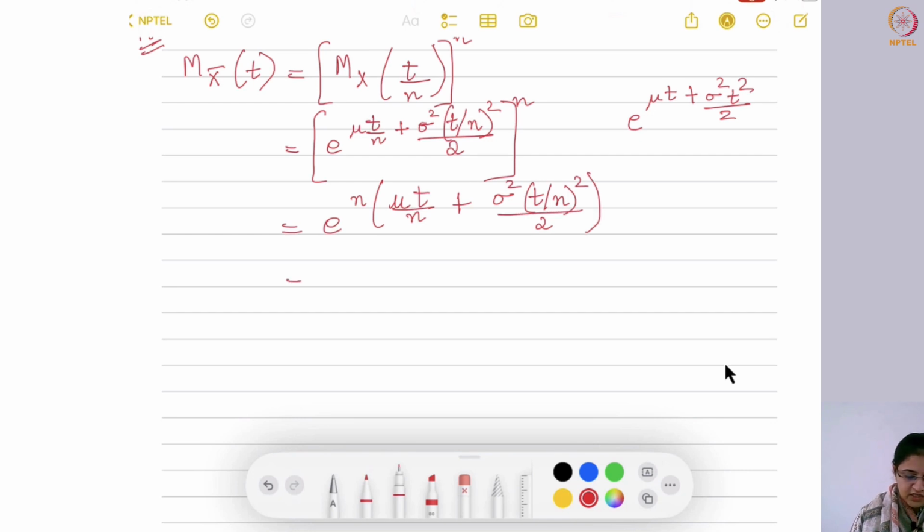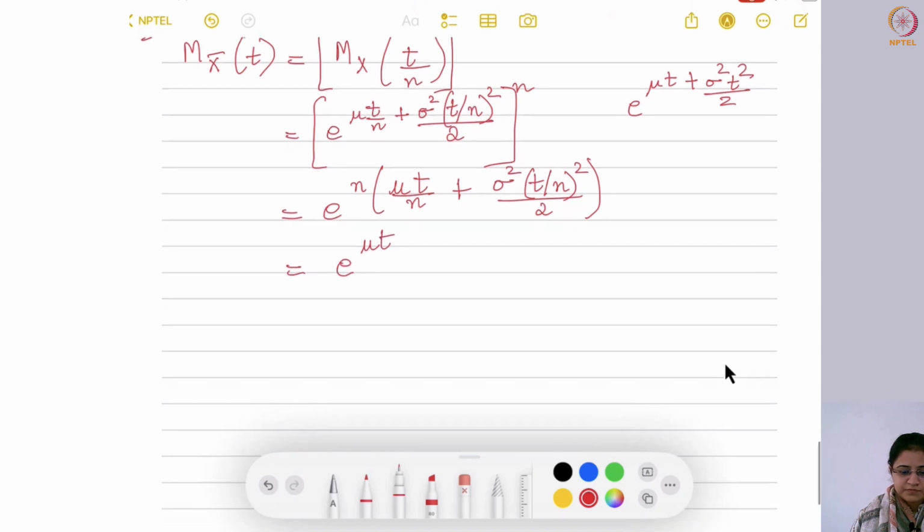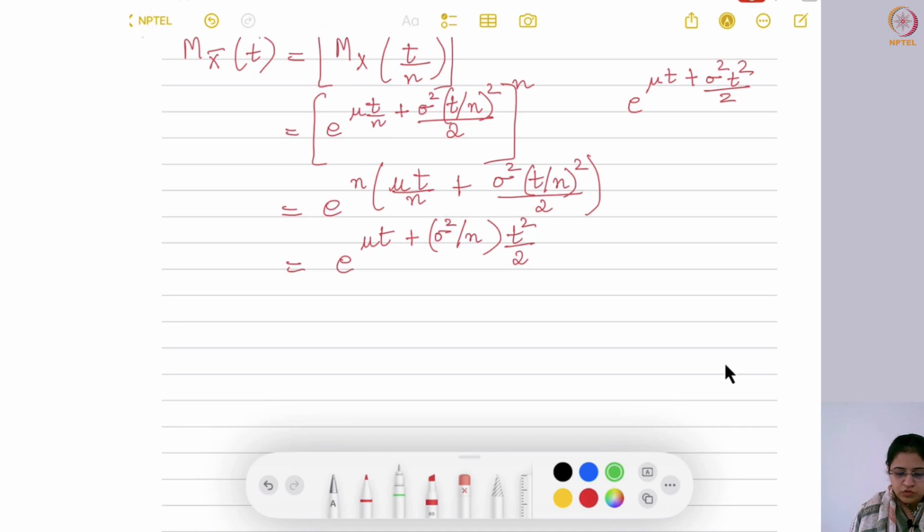So n will cancel out, and you would be left with e raised to the power mu t plus sigma square by n into t square by 2. So if you compare this MGF and the MGF of the normal distribution, where the distribution is mu, sigma square, in this case, what will it be?